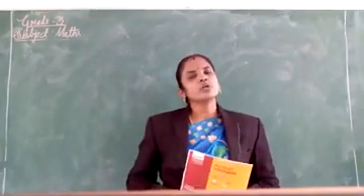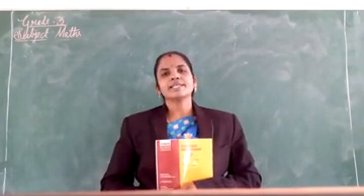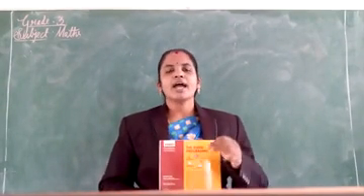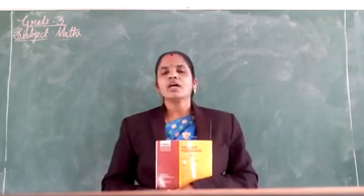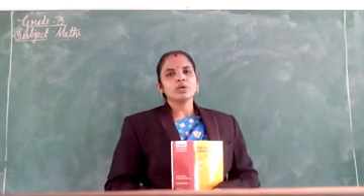In the previous class, what did we see? We saw lesson number 3, that is the expanded form of the number and number name. Now, today we are going to see lesson number 4. What is lesson number 4?